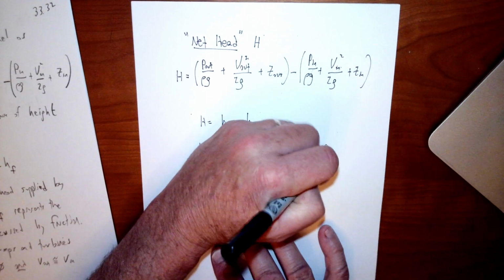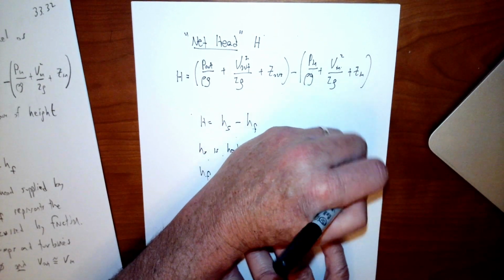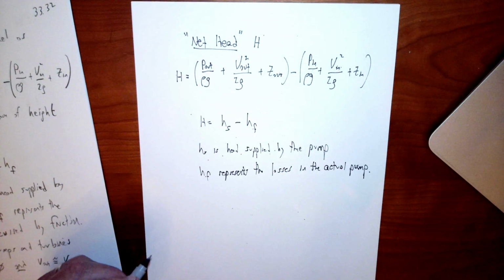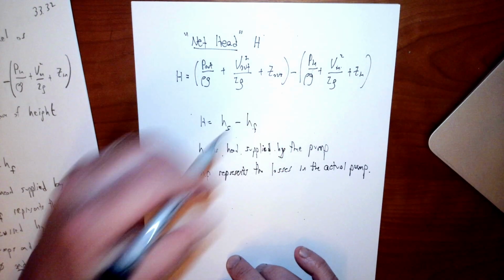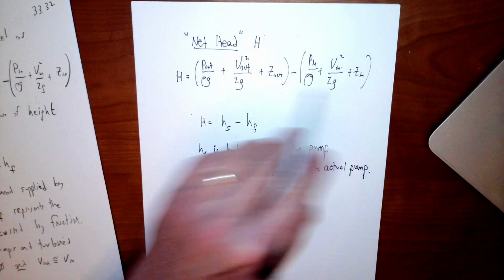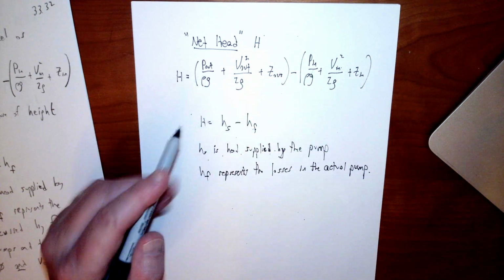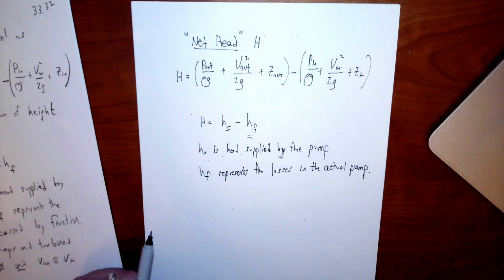in the actual pump. So we can calculate how hard the pump is working, or how much energy it should be supplying to the fluid. The amount of change we see in these parameters is not really going to equal that, because it's going to lose something due to losses, which are signified by HF.